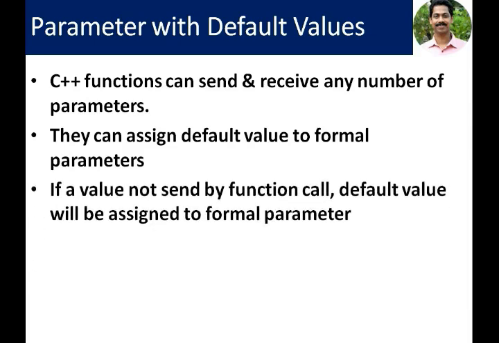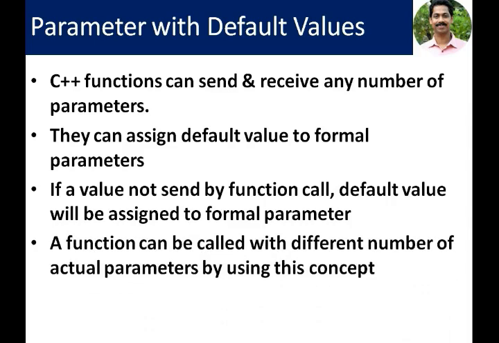If a value is not sent by the function call, default value will be assigned to the formal parameter. This is actually what is happening here. If we are not sending a value to a formal parameter, its default value will be assigned to that formal parameter. So that default value must be mentioned by the programmer during function definition.